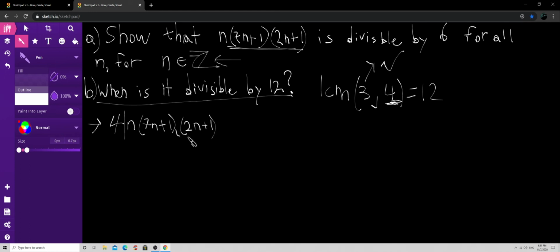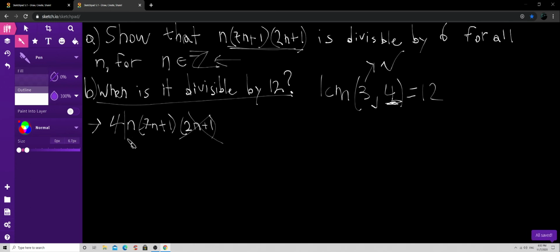Since this is always odd, and 4 will not share any divisors with an odd integer, since the only divisors of 4 are 1, 2, and itself, and the even numbers don't divide an odd number. And no even numbers divide an odd number, right? Okay. So in other words, we can just leave this off.